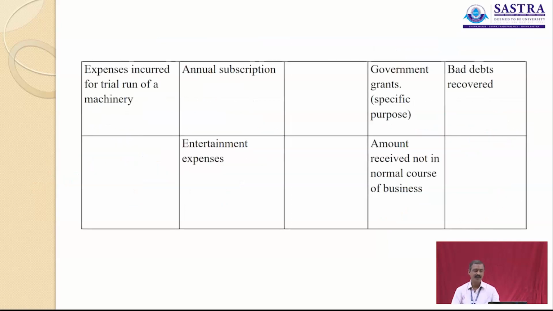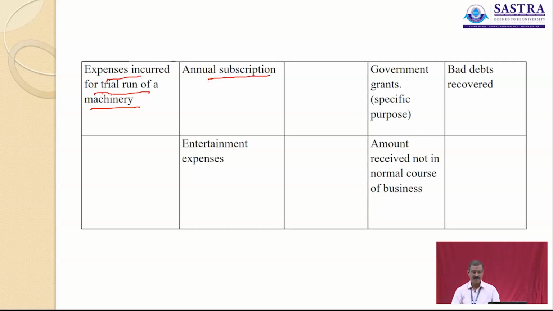The expenses incurred for trial run of a machinery, or the setting up, for which any expenses are incurred, will be known as capital expenditure. The annual subscription which is received from the members of an organization or any kind of people, for the purpose for which they require to associate with the organizational activities, may be known as the annual subscription and revenue receipt.